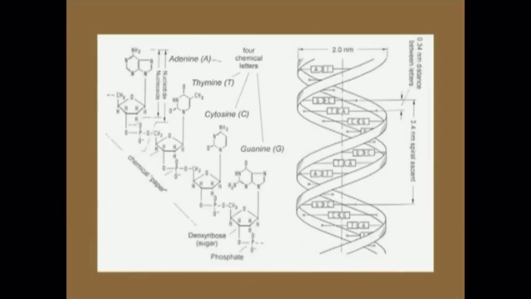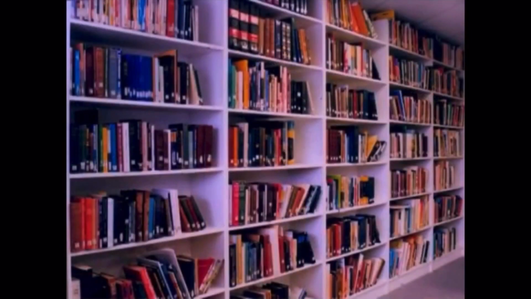In the DNA molecule we find the highest density of information. If I would have a pinhead of this material, the DNA molecule, my question is, how many books, as you see here in the bookstore, we can store in one pinhead?